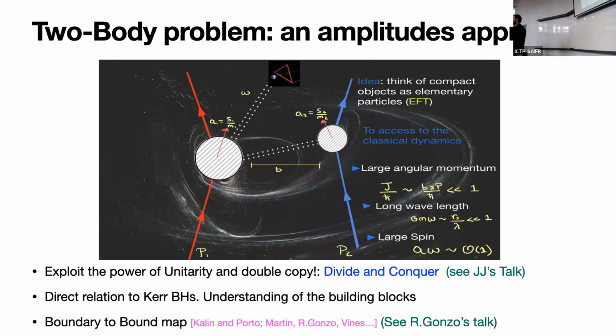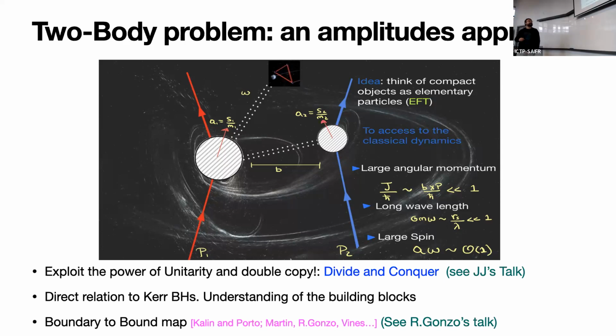So the advantage of thinking of the two-body problem from the scattering amplitudes perspective is that we can exploit the power of unitarity and build higher-loop amplitudes starting from building blocks. And these building blocks are very nice because they satisfy several properties we heard about yesterday in JJ's talk. For instance, this object has a very nice double copy structure.